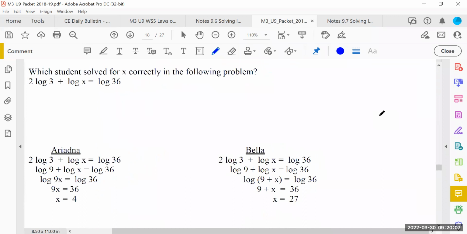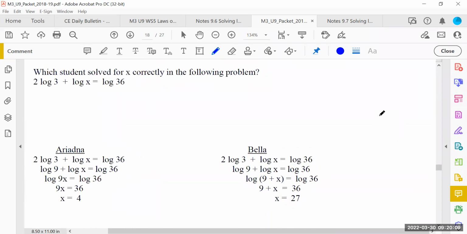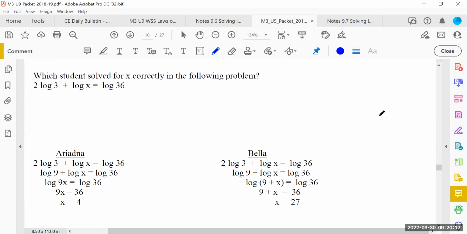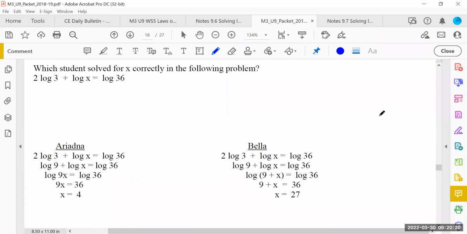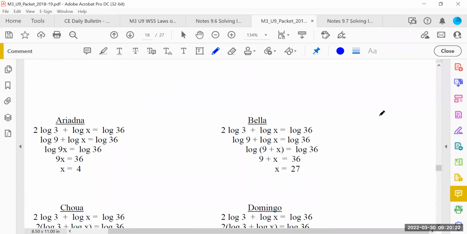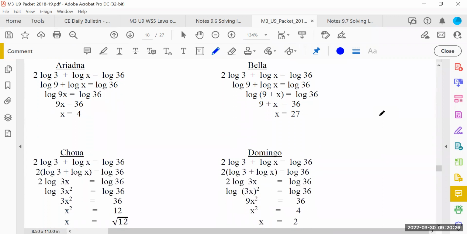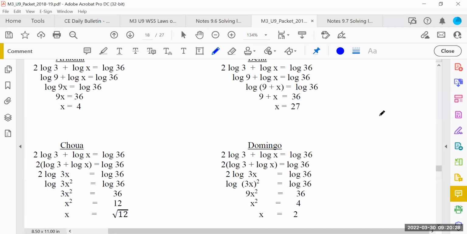Everybody, look at 32. Then look at Ariadna and Bella, Shoa and Domingo. Do you see any mistakes that they are doing? Most of these made mistakes as they were going through. Notice they all rewrote the problem. So what did Shua do?